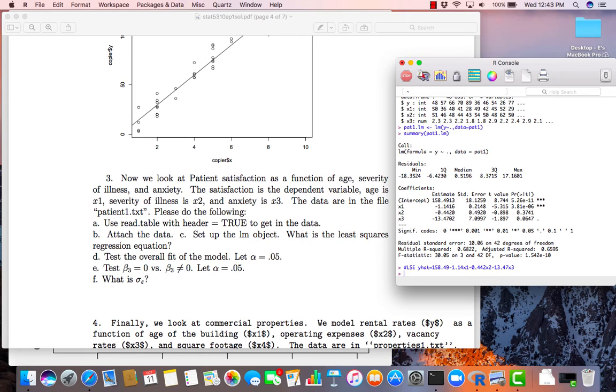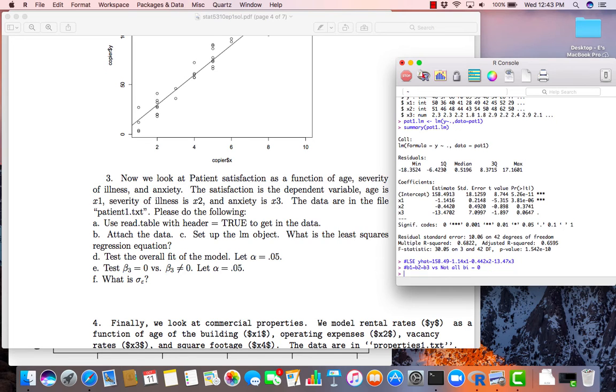Okay, test the overall fit of the model. So what we will do here is say H0: beta 1 equal beta 2 equal beta 3 versus Ha: not all beta sub i are equal to 0. And we need to get a p-value, and that comes out of the last line from summary, and that's going to be 1.542 e to the minus 10.